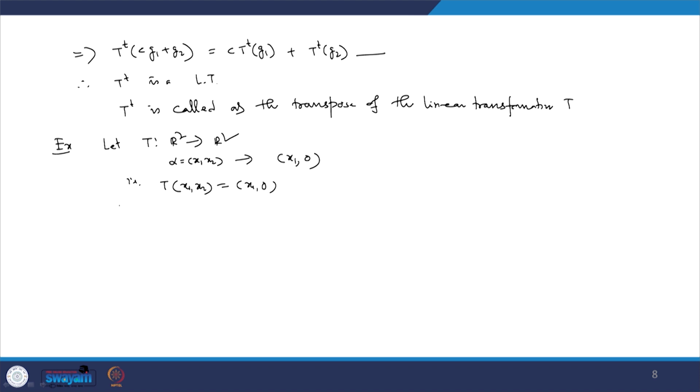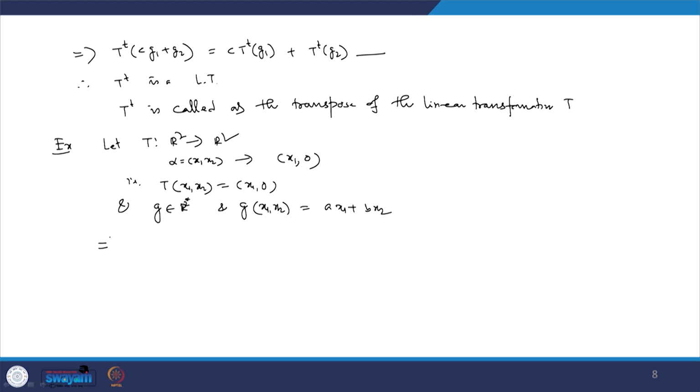And let G be a linear functional belonging to R2 star, defined by G of x1 x2 equal to A x1 plus B x2.